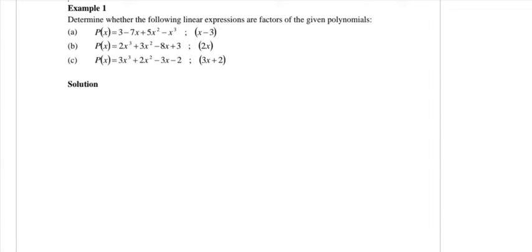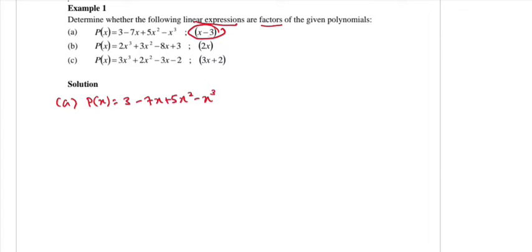Example 1. Determine whether the following linear expressions are factors of the given polynomials. A. I have written down the polynomial that's given, and the question wants to check whether the linear expressions are factors or not.